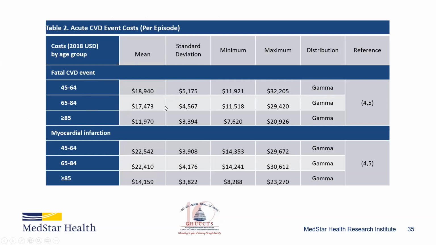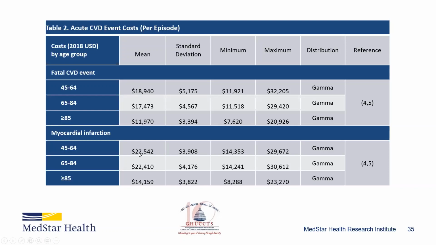Then we have a minimum and maximum, and you have to specify where these costs came from. You can't just pull them out of thin air. There's always going to be a reference for where you came up with these costs. For example, here for a fatal CV event between 45 and 64, the cost is $18,940.